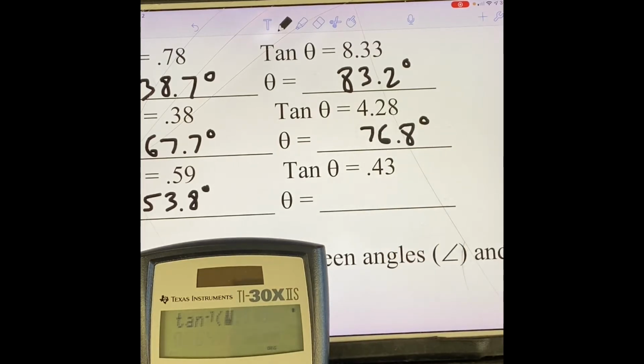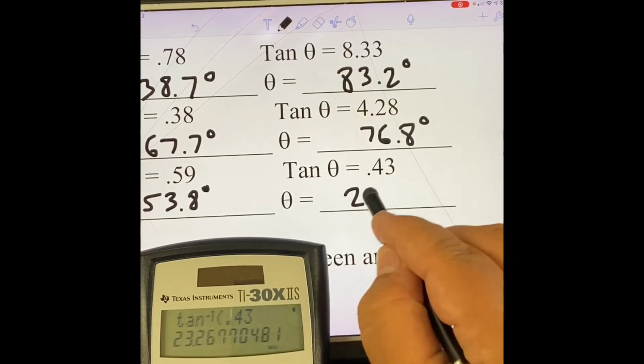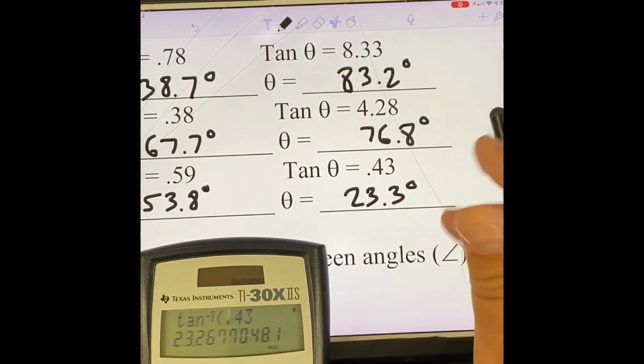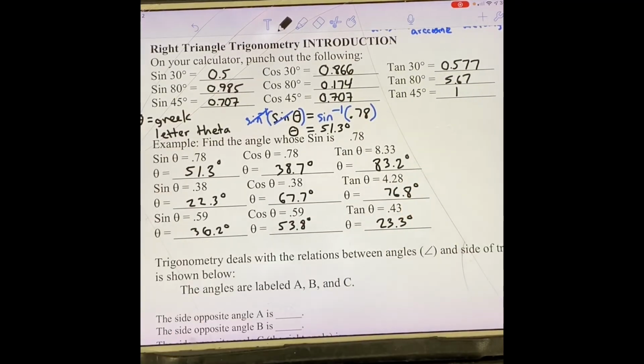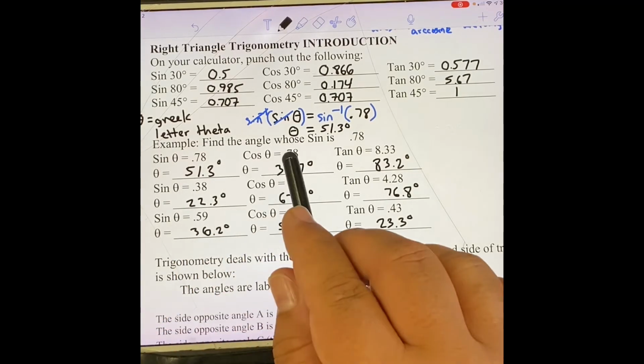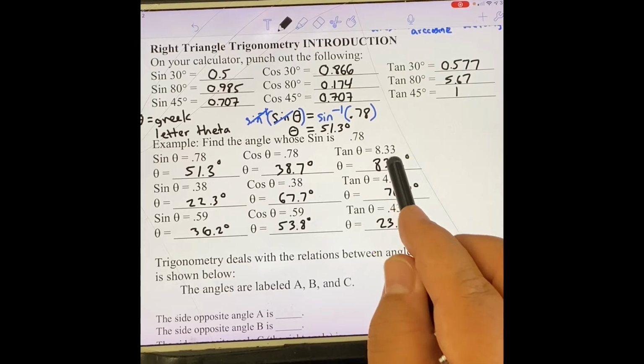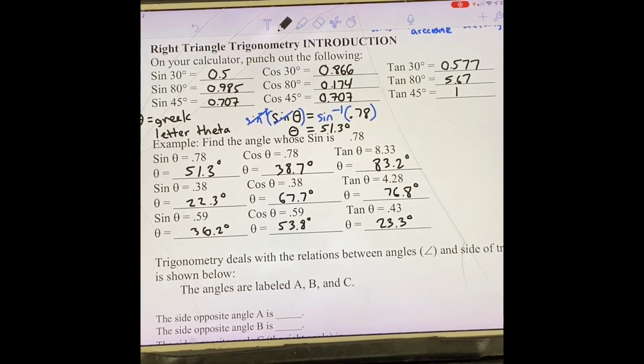Then we're going to take the arc tangent of 0.43, and we're going to get 23.3 degrees. And so this is how we put the sine, cosine, and tangent of an angle measurement to get a decimal. And it's how we take the arc sine, arc cosine, and arc tangent of a decimal to go backwards and get an angle.